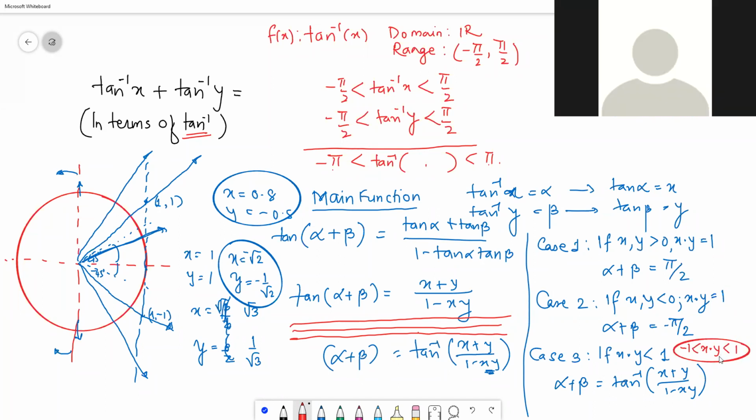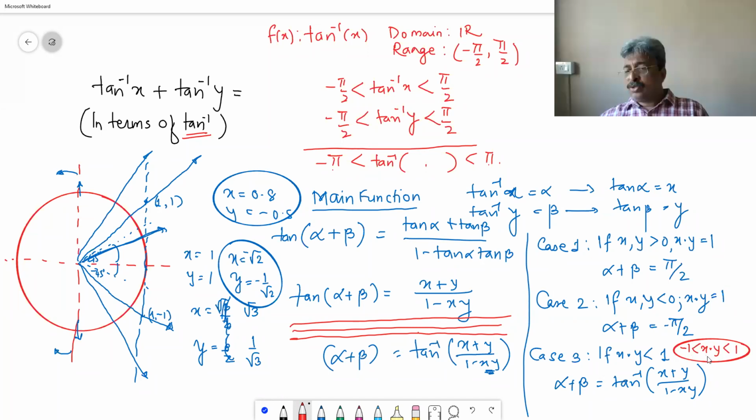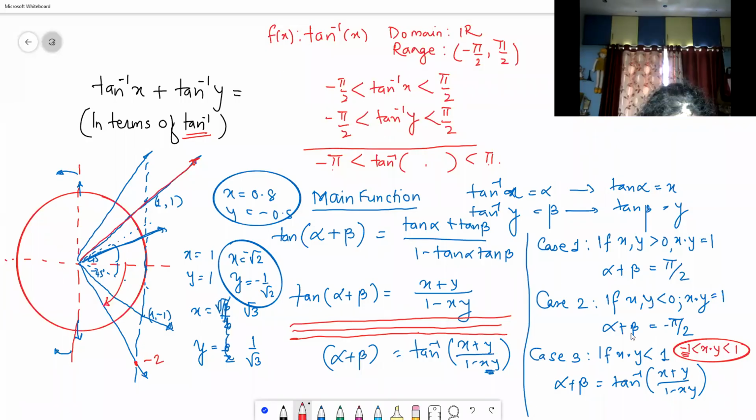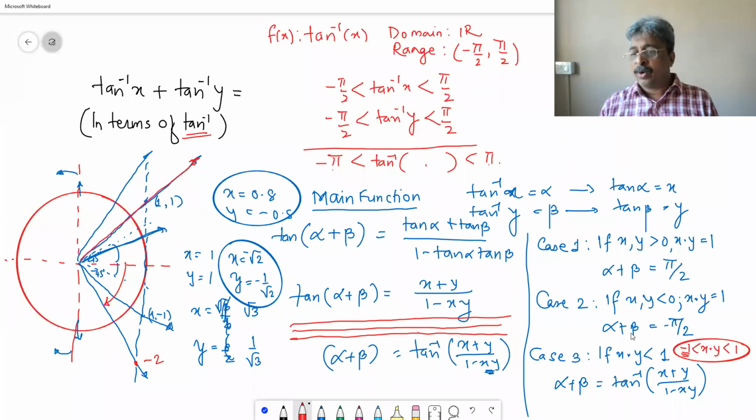x into y need not be greater than -1. It can still be less than -1. As far as the x into y value is concerned, the upper bound of 1 is very important, because if that value crosses 1, then the total angle is going to cross pi by 2 and minus pi by 2.